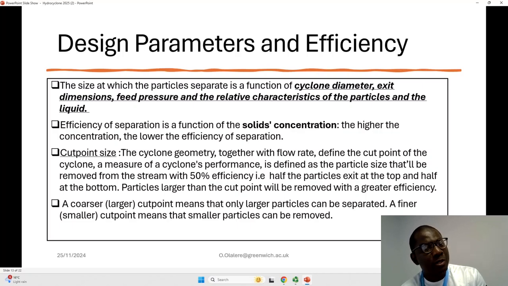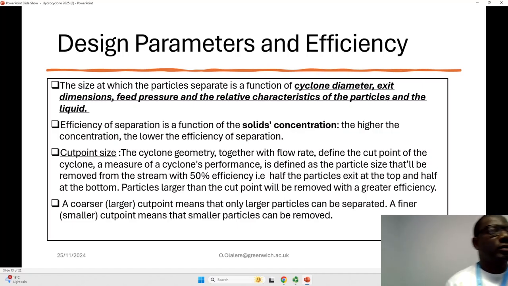So a lower cut point size means that only smaller particles can be separated. So cut point is basically the diameter or something? It's more like a diameter. Let's say we were told that the diameter of this is 20%.